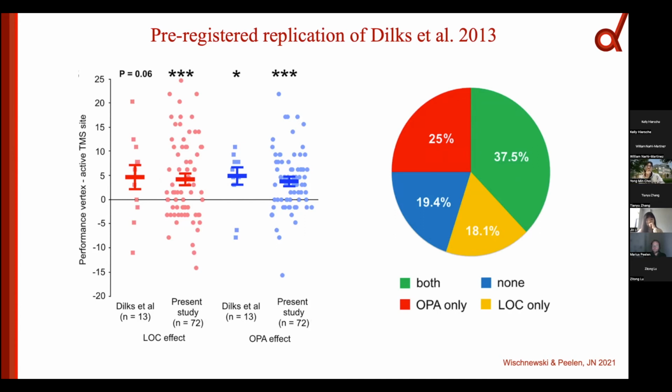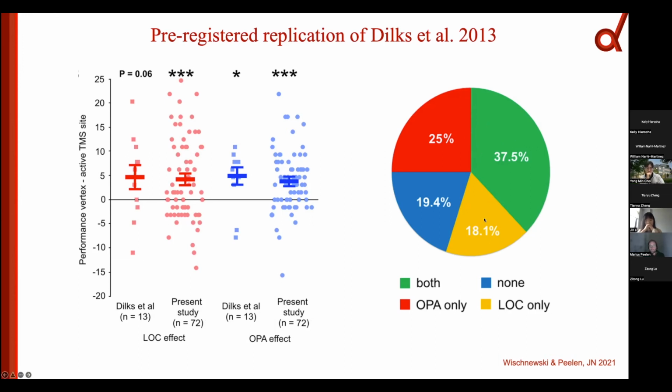For example, the location of these regions may differ across subjects, or maybe the skull is thicker in some subjects, or maybe the region is just in a sulcus that is not targeted effectively with TMS. So there could be many reasons for why this does not work in everybody.